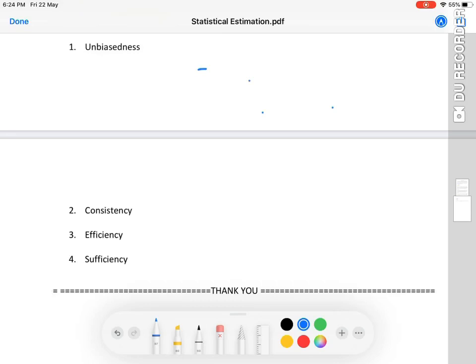So for example, assume it is a normal distribution curve.